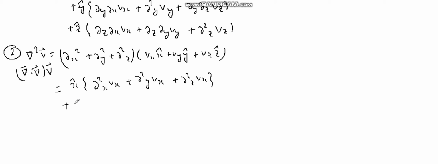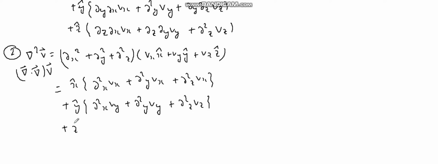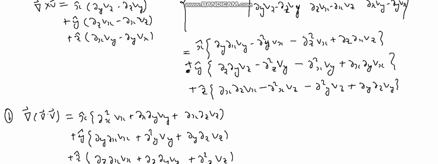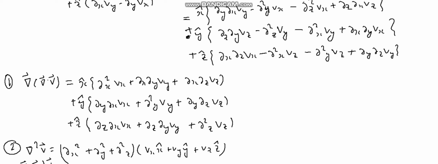Similarly, the y component is going to be del 2x vy plus del 2y vy plus del 2z vy, plus the z component is going to be del 2x vz plus del 2y vz plus del 2z vz. So we have these many terms.